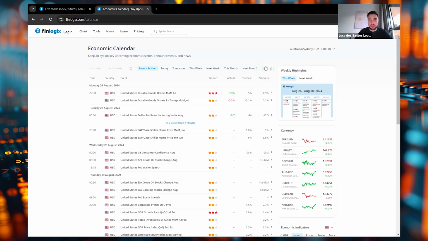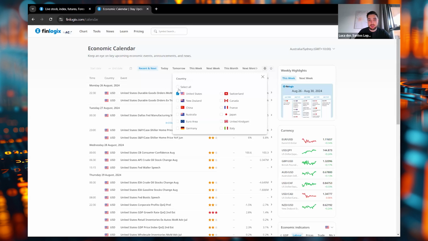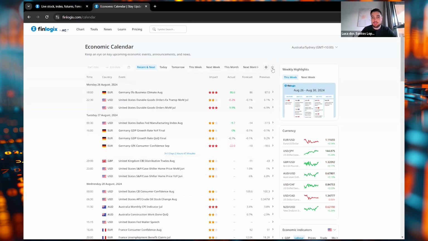What I like to do here is select all, and then, to not waste time, click on the star and take the low volatility off, because it's very rare that we're going to have a very important release with low volatility impact.